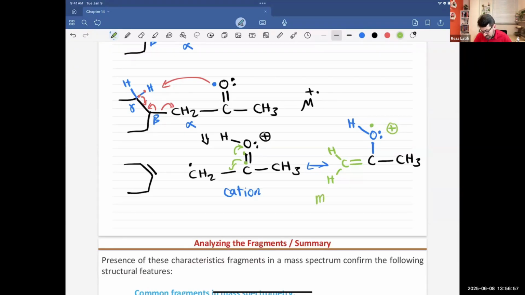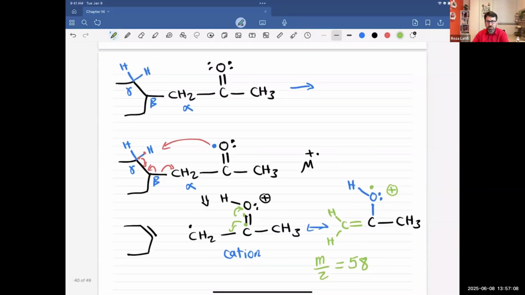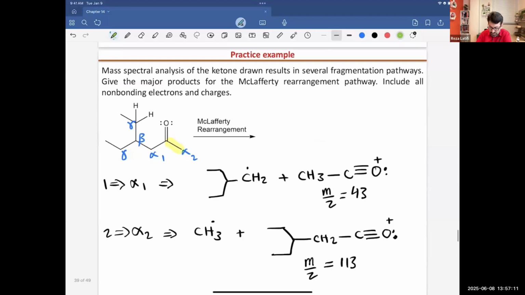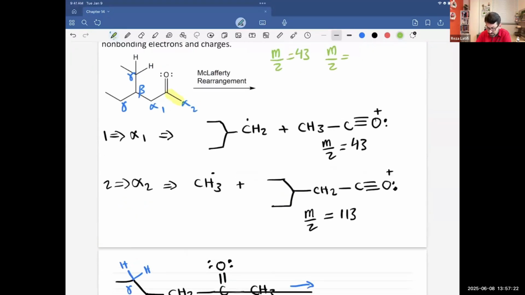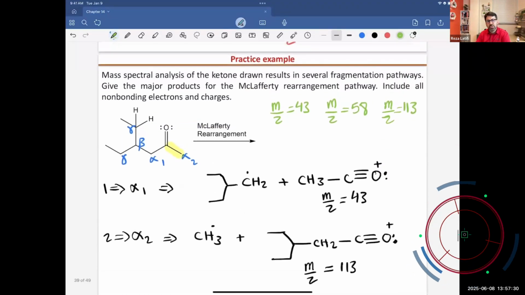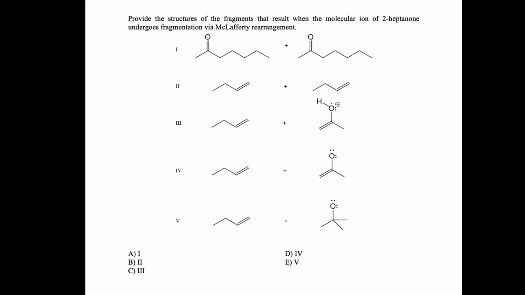The M over Z for this species is going to be 58. As you see, I showed you three products. The first one we said is going to be 43, the second one we said is 58, and also we can have an M over Z of 130. And that's going to be the end of this lecture, thank you very much.